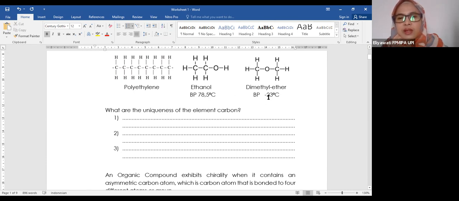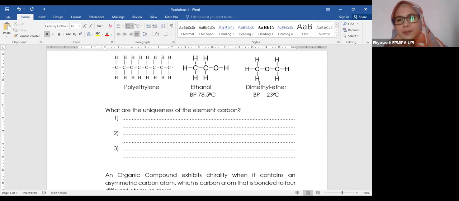So what is the conclusion when we compare ethanol and dimethyl ether? Do you remember the term for compounds that have the same formula but different structure, or different functional group?